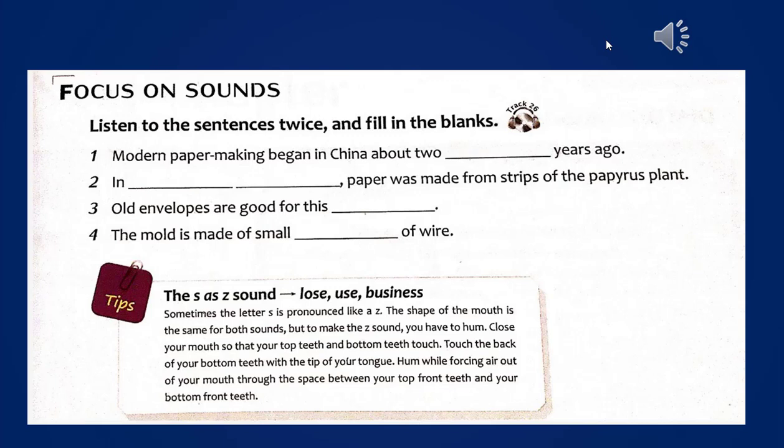Okay, let's check the answer everyone. For the first one, modern paper making began in China about 2,000 years ago. So when you see 2,000, when you separate it into different syllables, you will see sand, sand. When you see sand, S-A-N-D, you read sand, right?